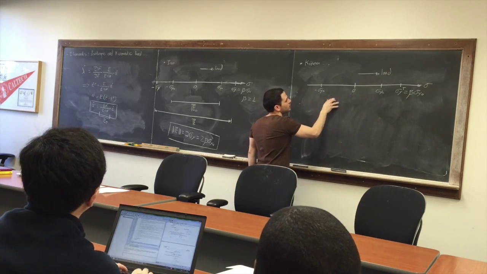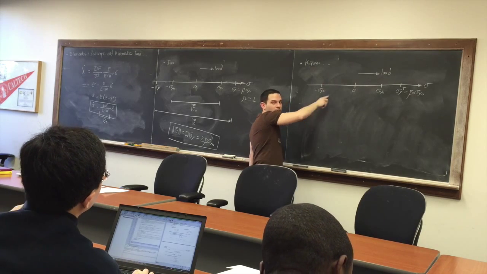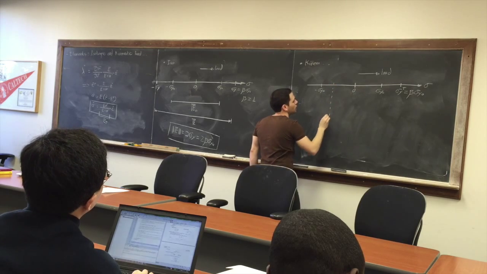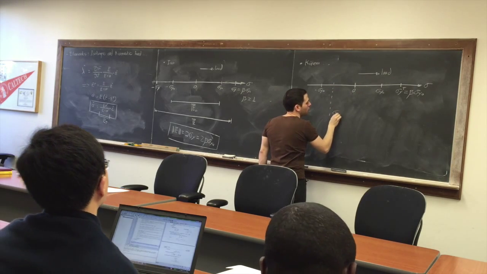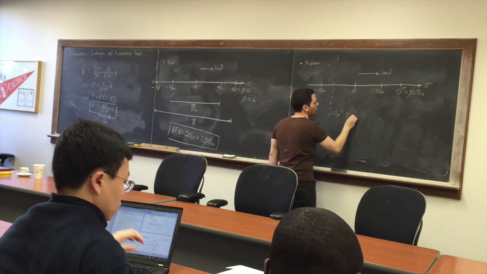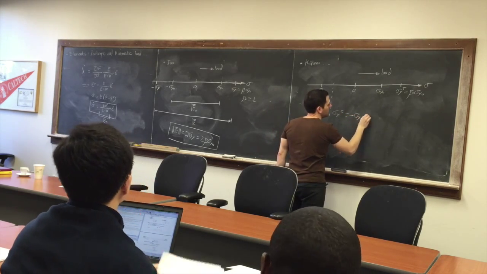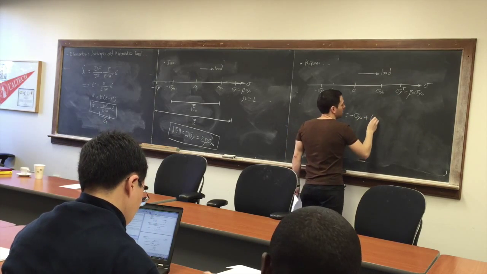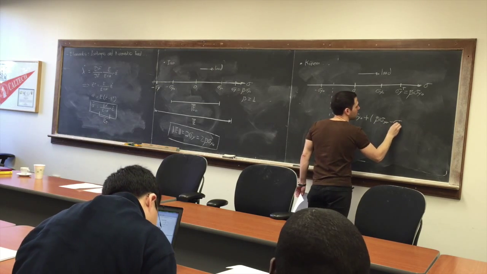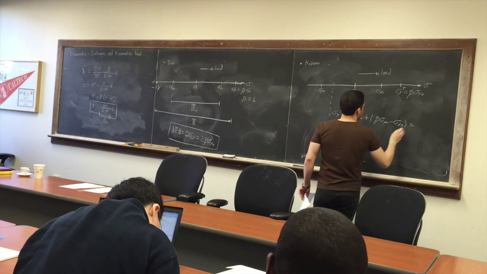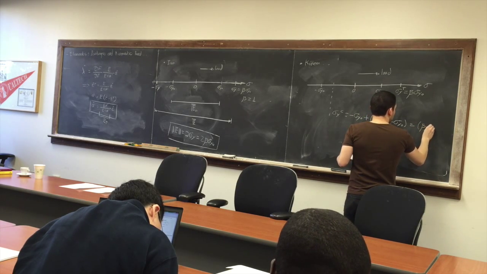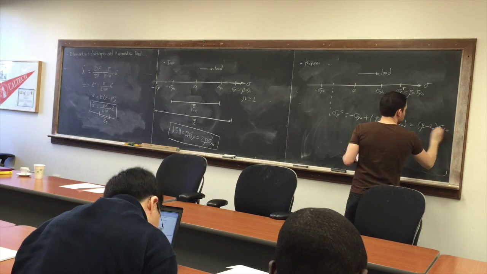But in this case, this here will move by the same amount. So this is sigma y for compression, which is equal to minus sigma y naught plus beta sigma y naught minus sigma y naught, which gives us beta minus 2 sigma y naught.